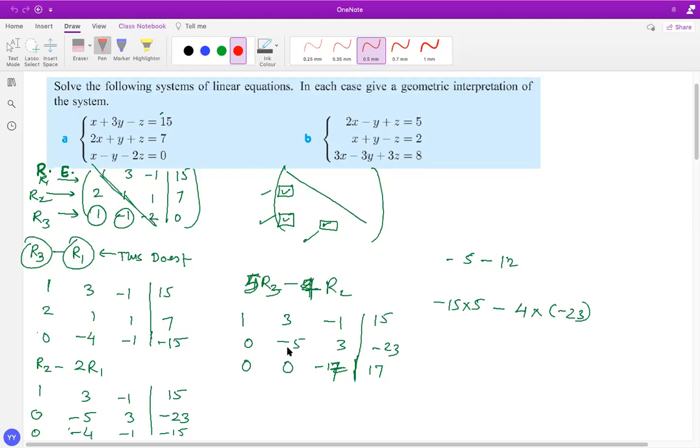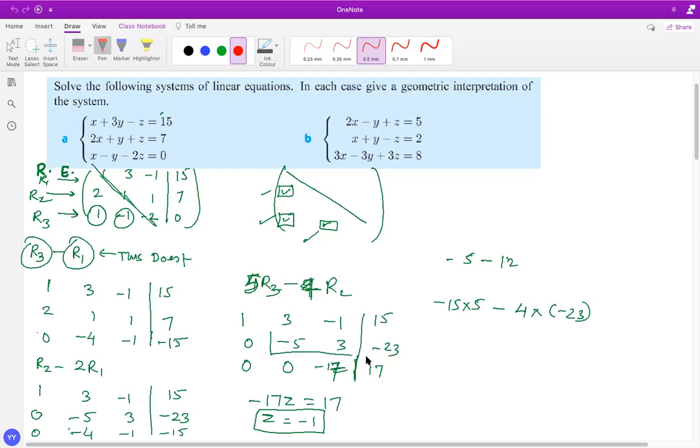Now, tracing back our answer. Tracing back the equation that we got, now we got negative 17z equals 17. So that gives us z as negative 1. That's my first solution. And once I got z as negative 1, you plug it into the next equation.